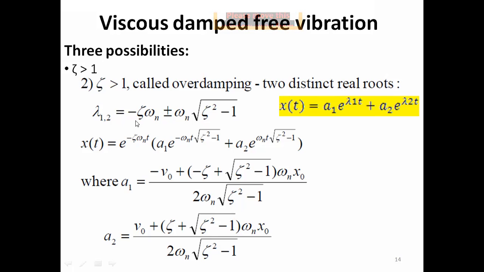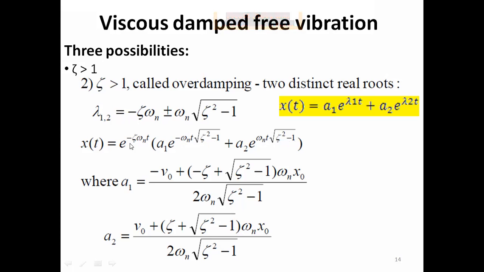So putting for lambda 1, that is with the positive sign, and lambda 2, that is with the negative sign, after plugging that in and taking exponential minus zeta omega n t common, then we would have a1 exponential minus omega n t under the root zeta square minus 1 plus a2 exponential omega n t under the root zeta square minus 1, where a1 and a2 are arbitrary constants.